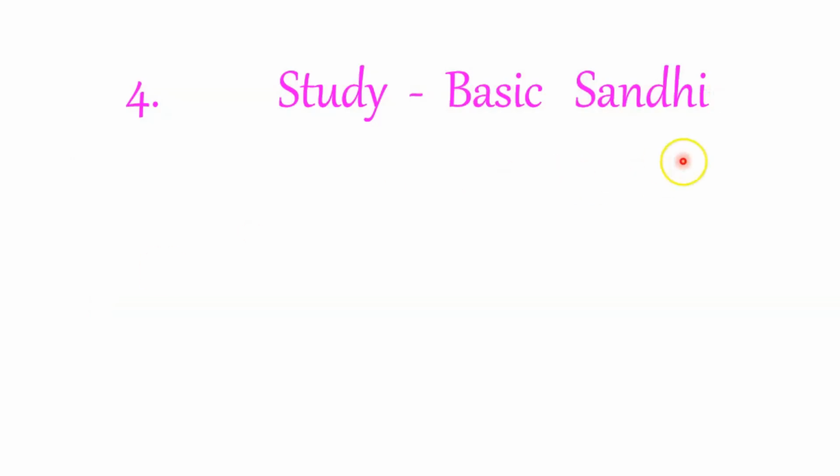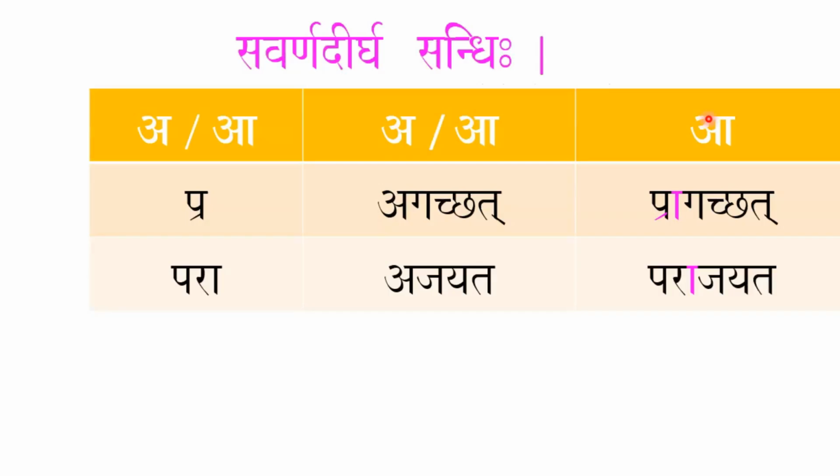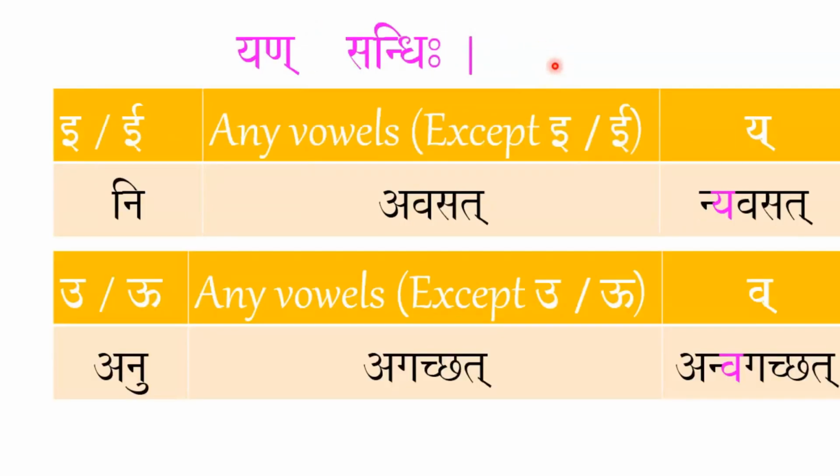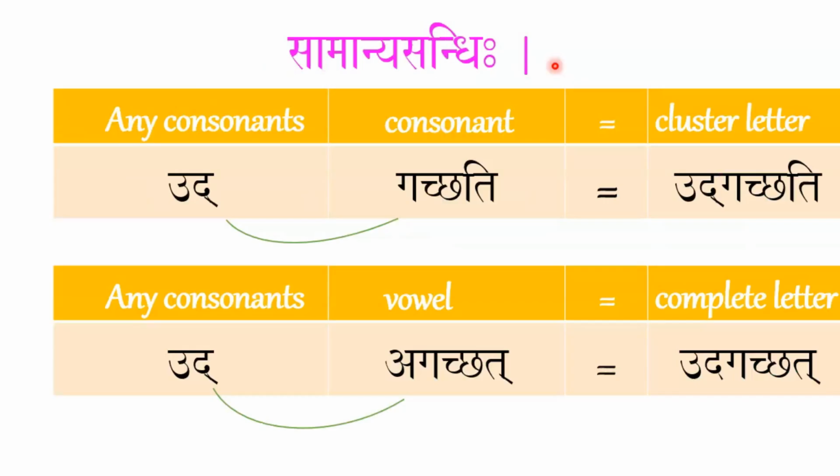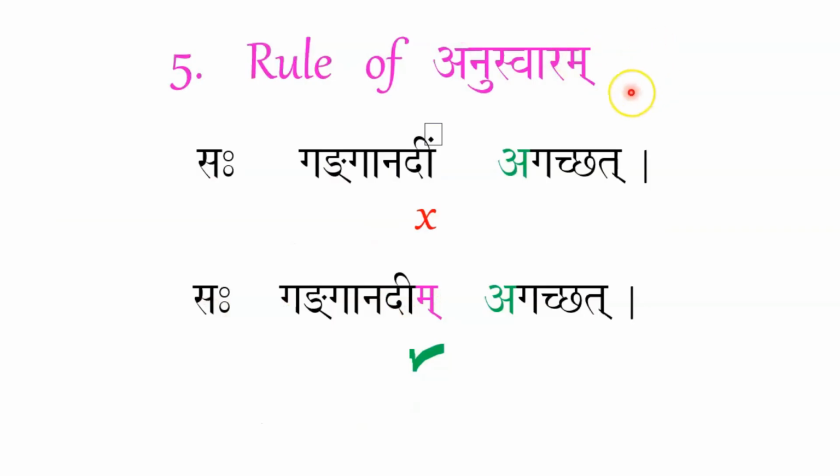Number four, the study of basic sandhis such as Savarna Dirgha Sandhi, Yana Sandhi, Guna Sandhi, Samanya Sandhi, and so on. And number five, the rule of Anuswaram. After Anuswaram, if there is any vowel, then Anuswaram is changed into Halanta Ma.